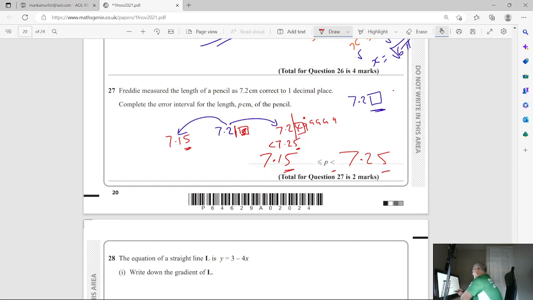Always ends in 5 and we're rounding it to 1 decimal place, remember? Okay, so overall, we look at the difference between that, it is going to be 0.1 difference. Okay, so 1 decimal place.